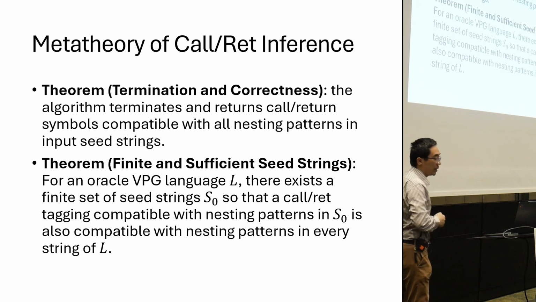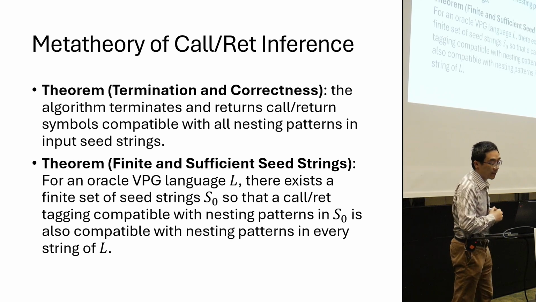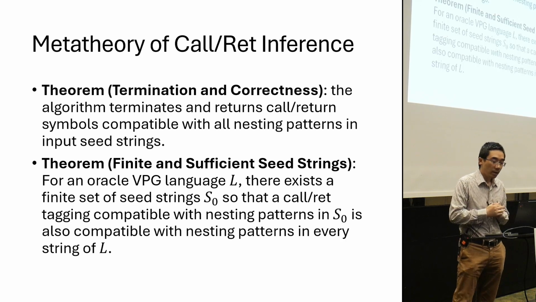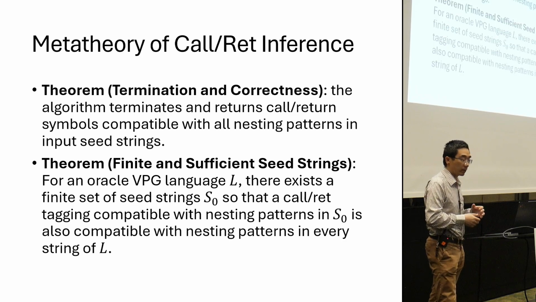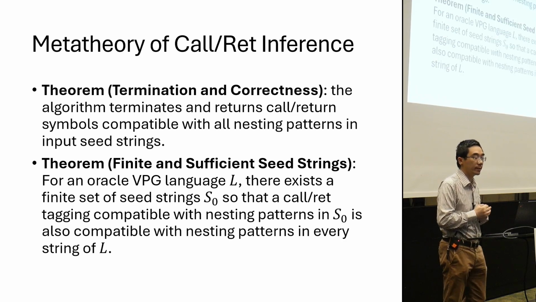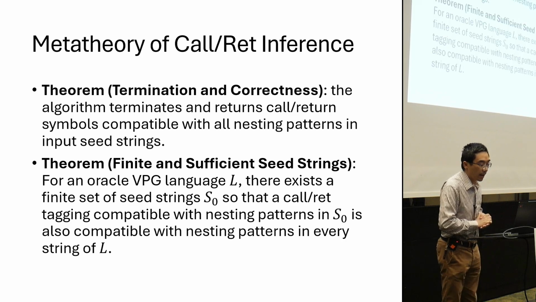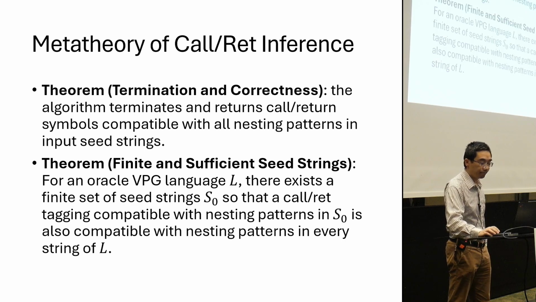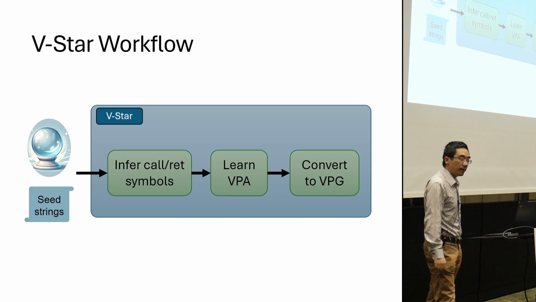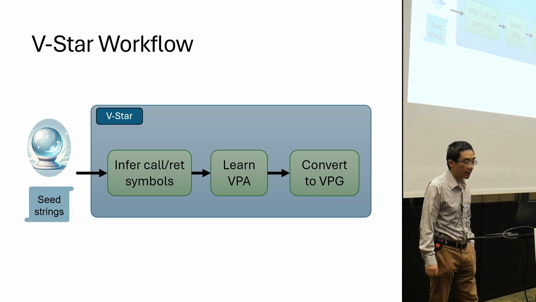And we also have a theorem saying that for Oracle VPG language L, there exists a finite set of C strings S0, so that call and return tagging compatible with nesting patterns in S0 must also be compatible with nesting patterns in every string in this VPG language L. So this shows that it is sufficient to fit a finite set of C strings S0 for this call and return inference. Okay, so after we learn call and return symbols, the next step is to learn a visibly pushdown automaton.